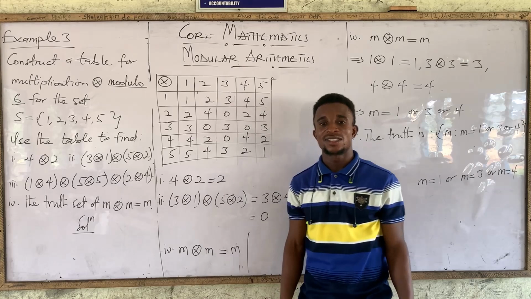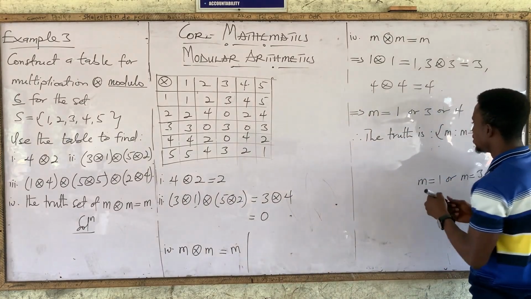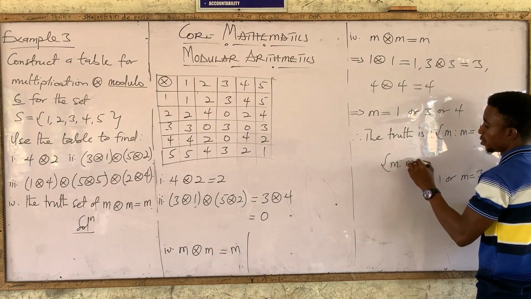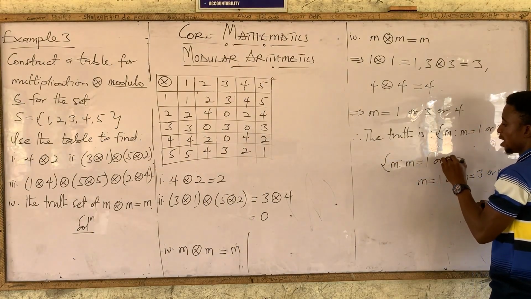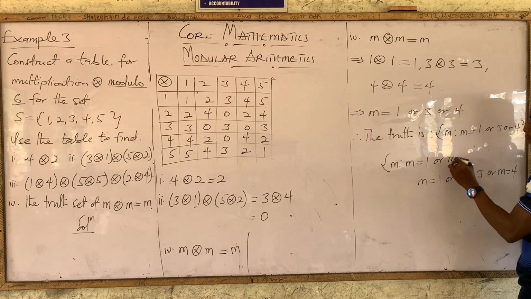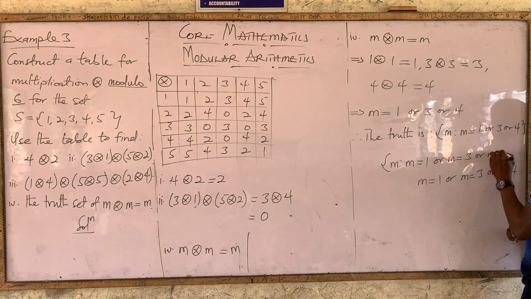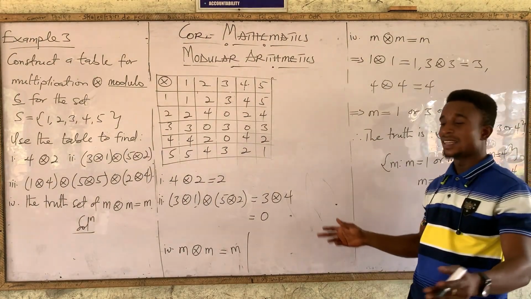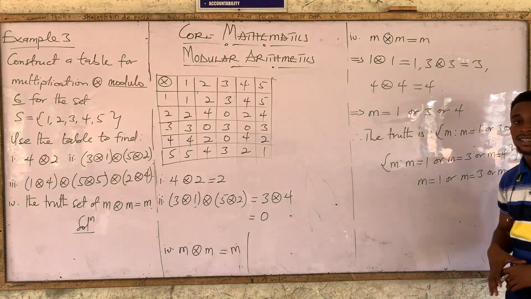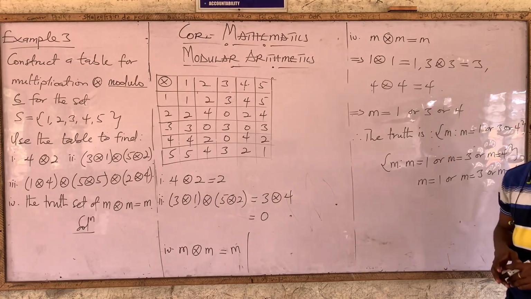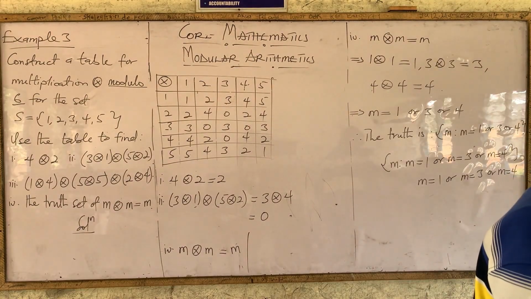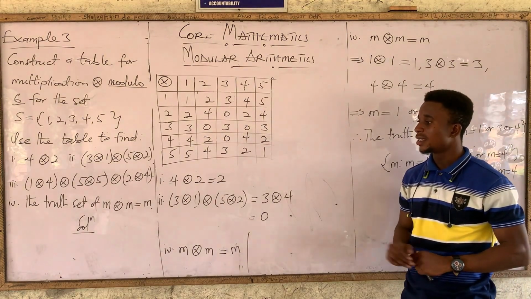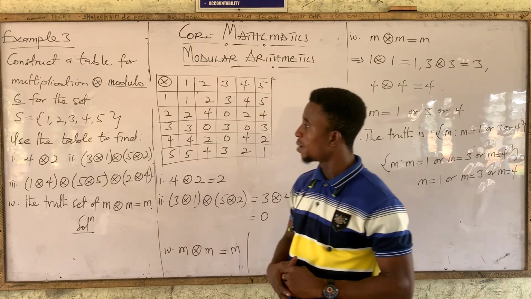Or some people can also say, if they are using this one, m is such that m is equal to 1 or m is equal to 3 or m is equal to 4. That is that. Please, are you getting that? They are all correct. So now that is that for this particular set of example 2.